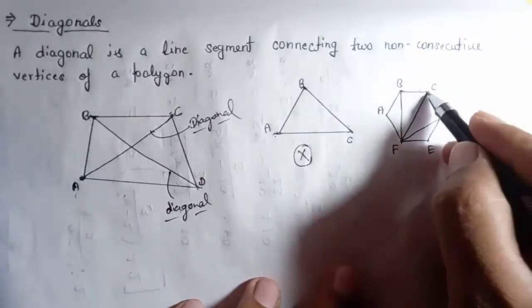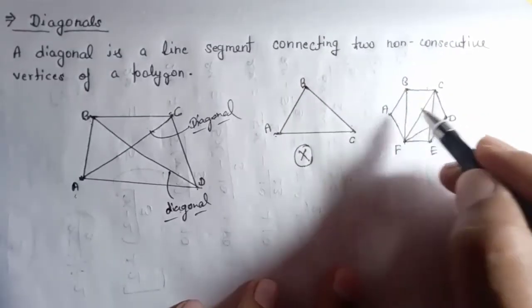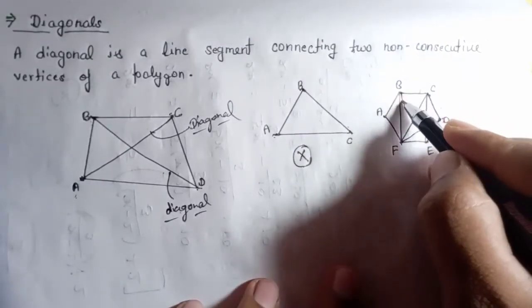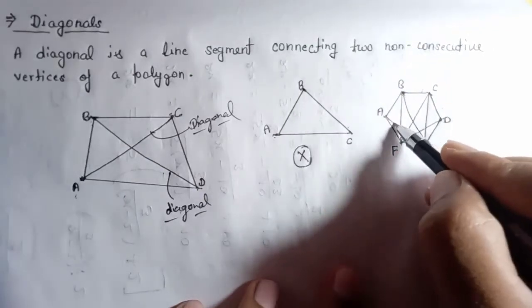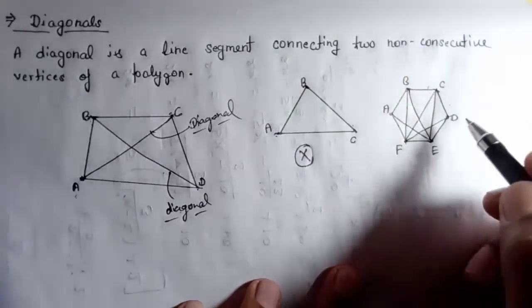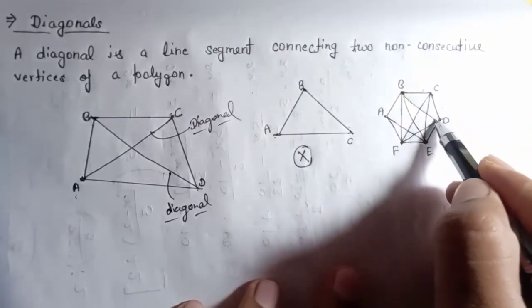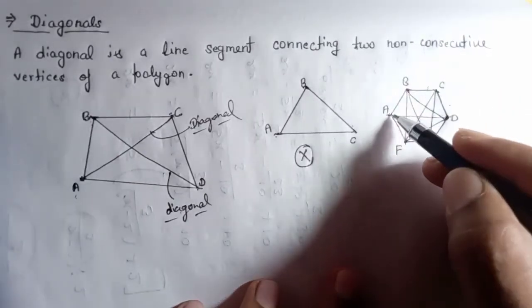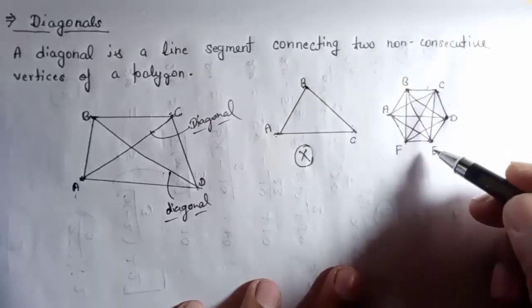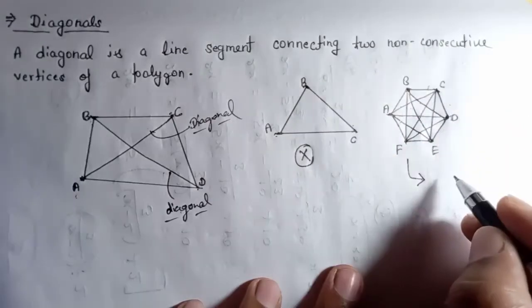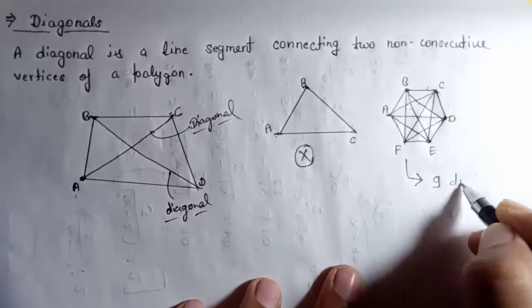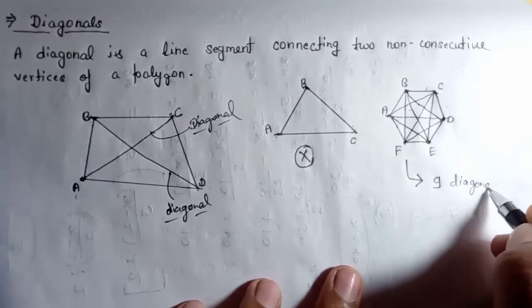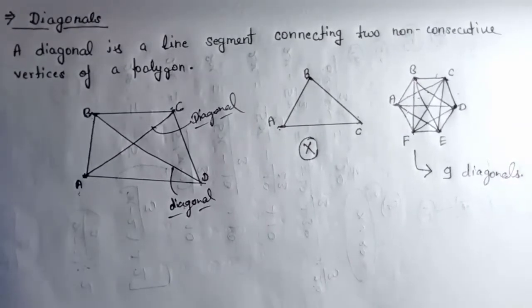Here from E it is E and C, and it is B and E, and it is E and A. And from D it is B and D, and it is A and D. And from C it is A and C, and okay, 9 diagonals are here. So these are called diagonals.